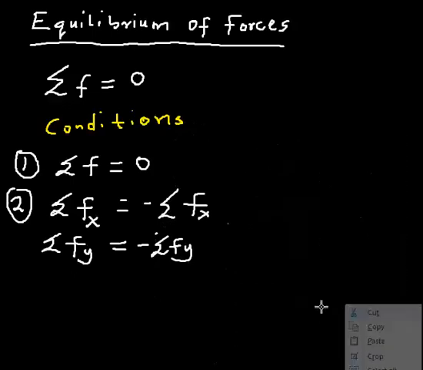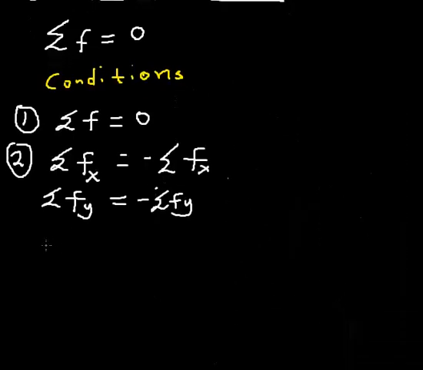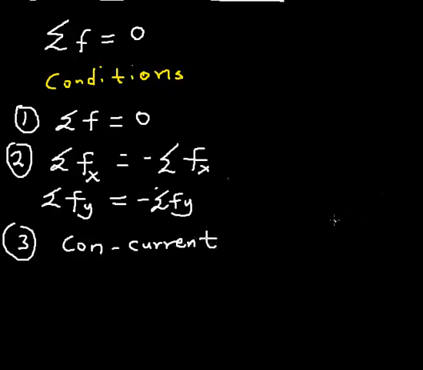Then another condition is that the forces must be concurrent. Concurrent in the sense that they must be acting on that particular body at the same time. They are not acting sequentially. For that particular body to be at equilibrium, the forces acting on it must act on it at the same time.